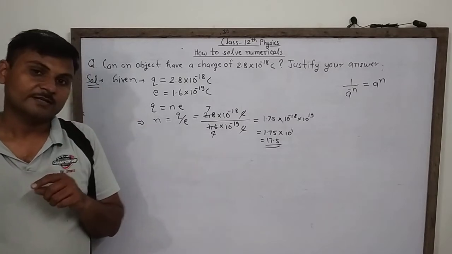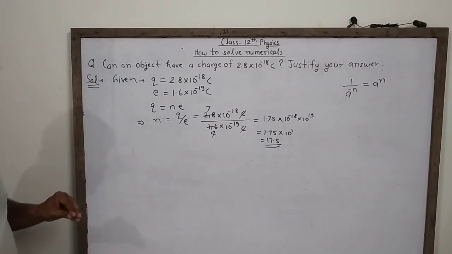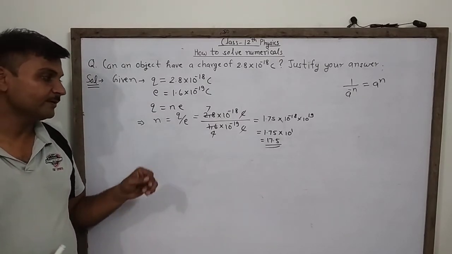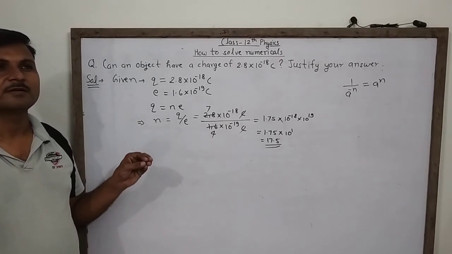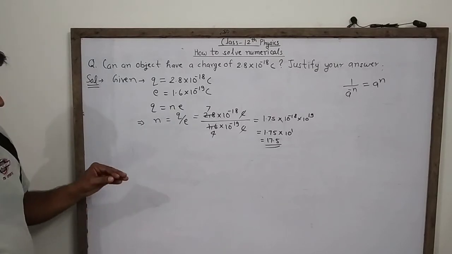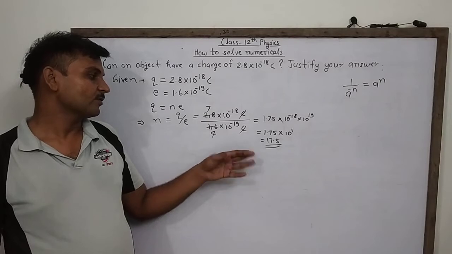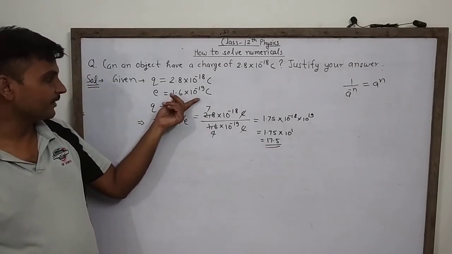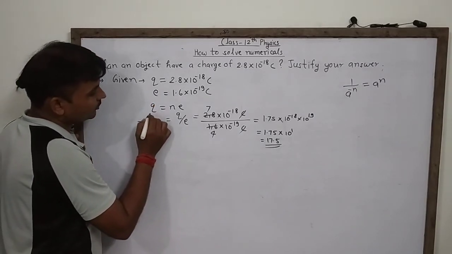You know that electrons cannot be divided; physics and chemistry found that electrons are not divisible if we do not accept the theory of quarks, but quarks are not considered here. Then the quantization of charge says that Q is equal to Ne.